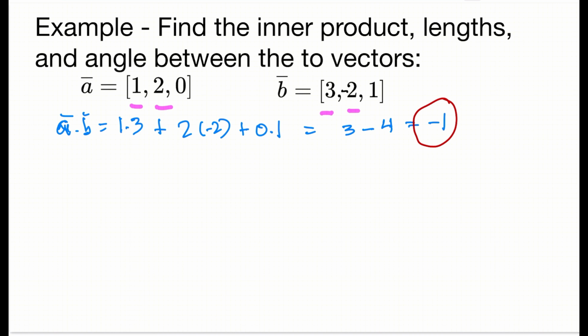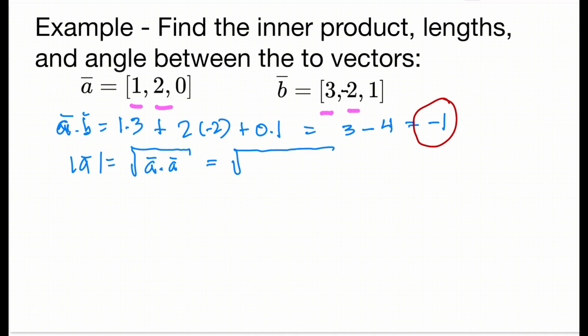Now the problem has asked us to calculate more things, so let's do that. Let's calculate the length of A, and that is going to be equal to the square root of A dotted with itself. I didn't quite go over that in the initial definitions, but that's what it turns out to be. And you'll see it's just an application of the Pythagorean theorem.